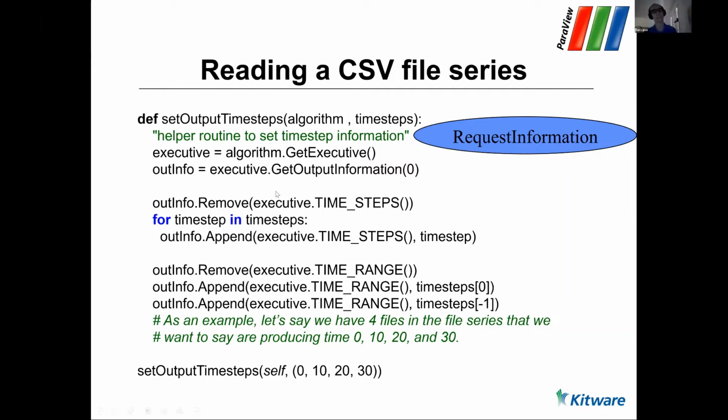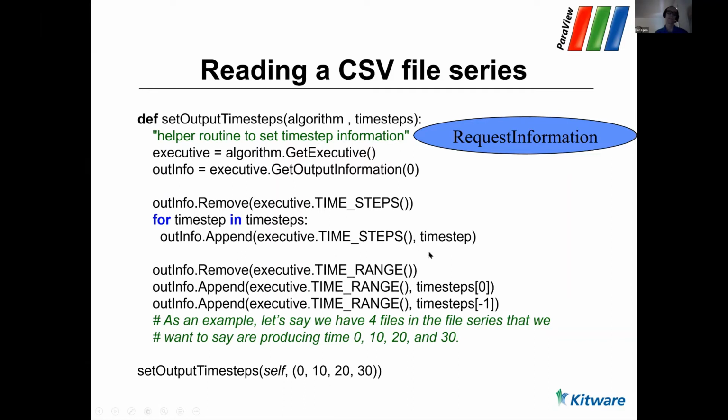So we get the executive and we get the information. We remove the information about time steps, and then we add the new information. We append this special information called time steps, and then we add these time steps that we receive as a parameter.